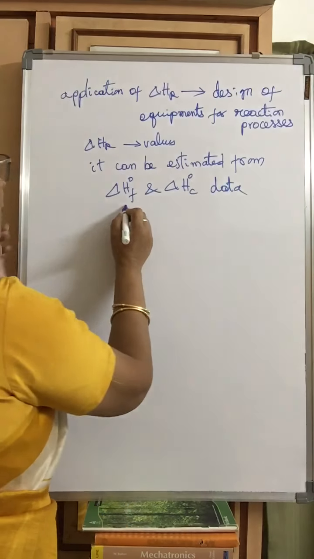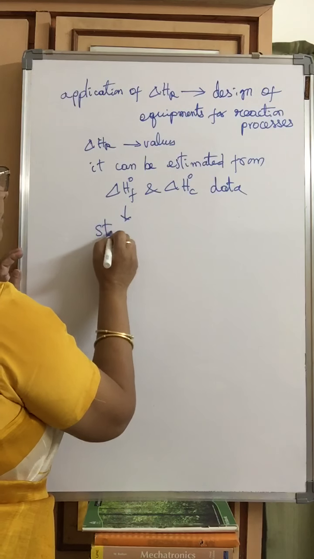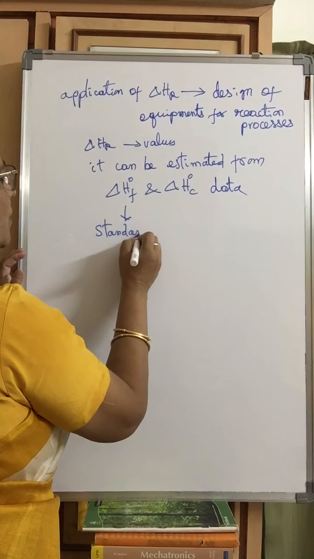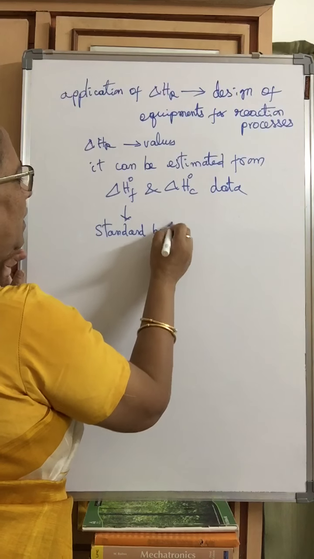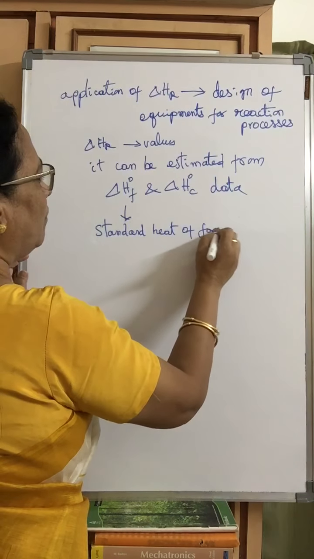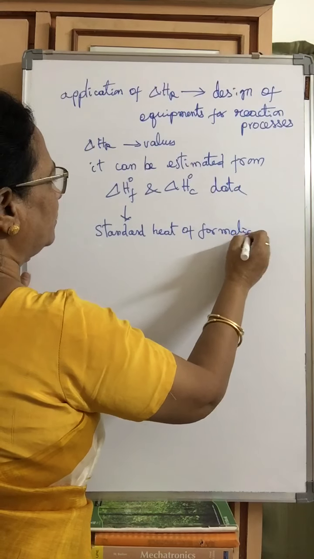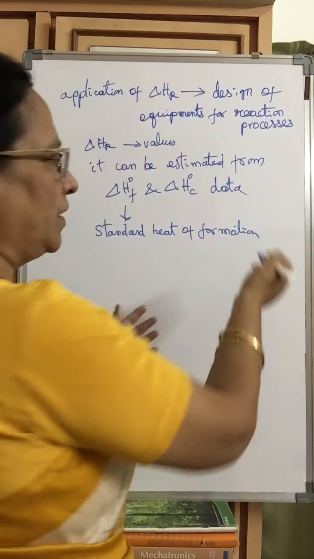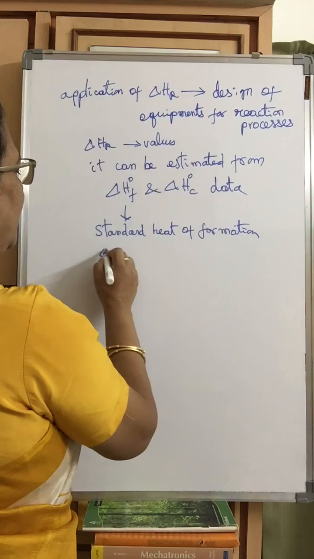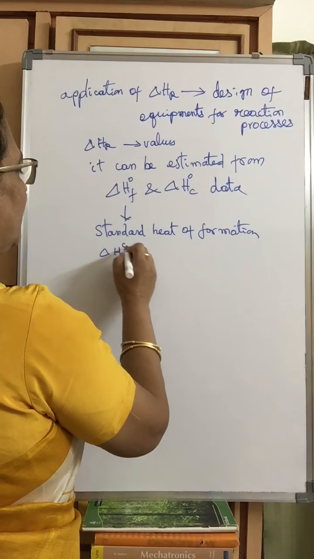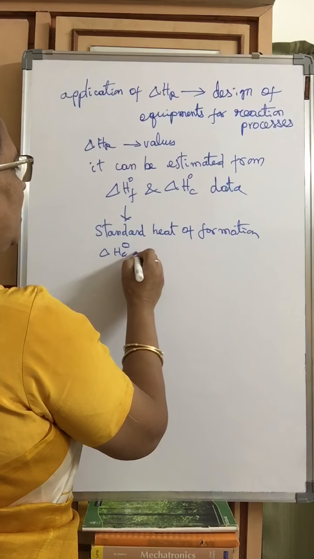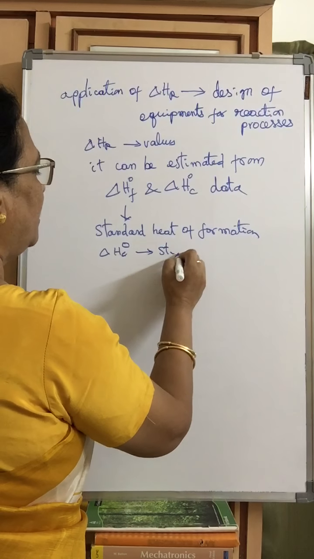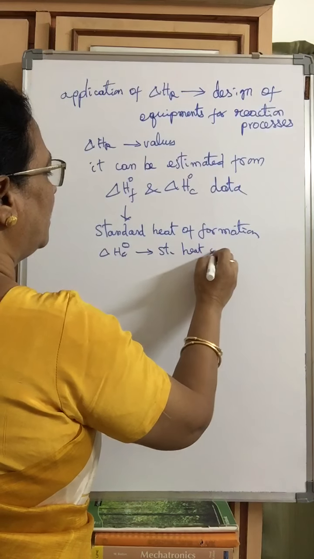That is standard heat of formation. This data is available in literature, and delta HC naught is standard heat of combustion.